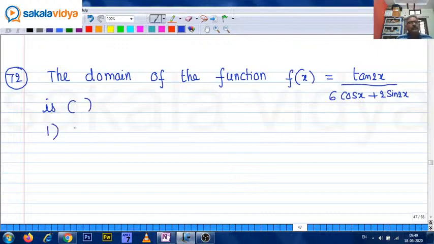First option, R minus 2n plus 1 pi by 2, n belongs to Z.